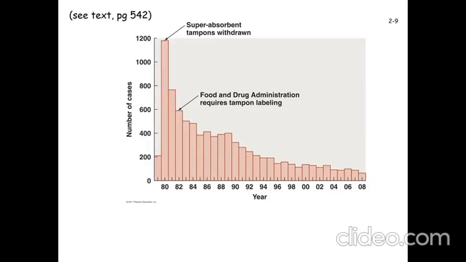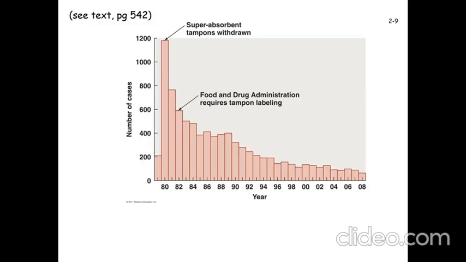In 1980, the number of cases of toxic shock syndrome was almost 1,200 cases. So these superabsorbent tampons were withdrawn from the market. And you can see what started to happen as they decreased. Now, in 1982, the FDA requires labeling on the tampons to make people aware of toxic shock.